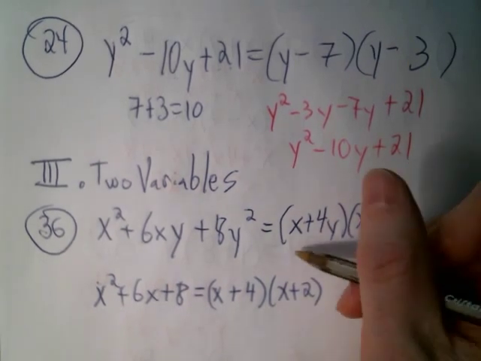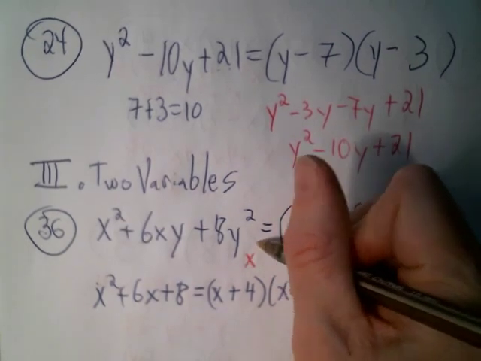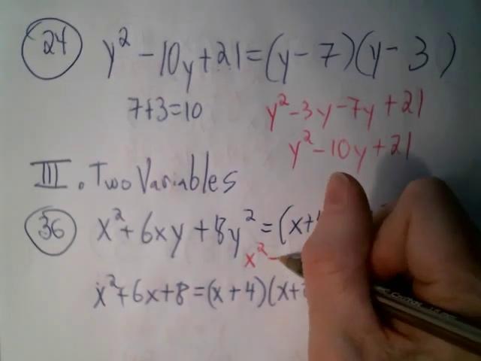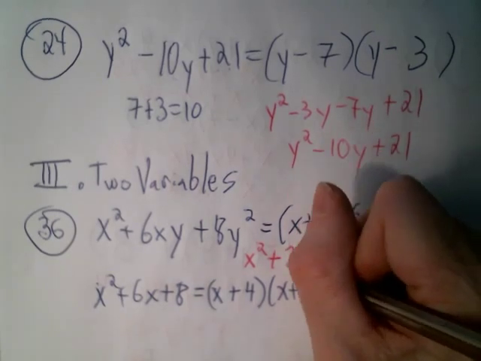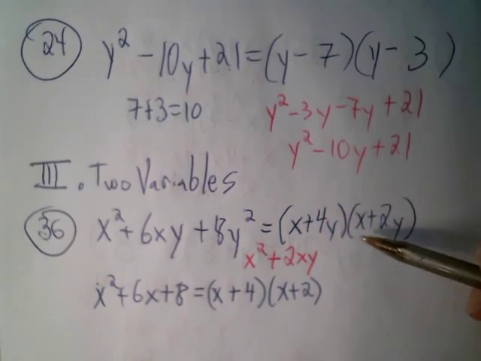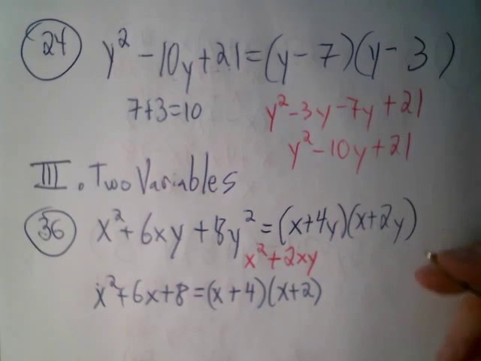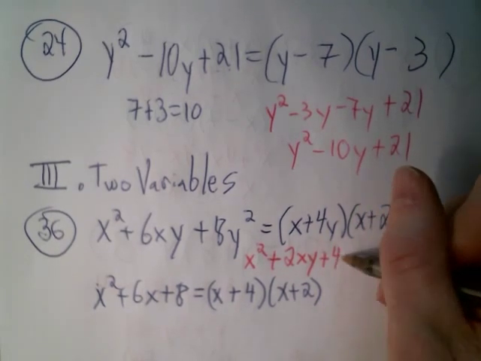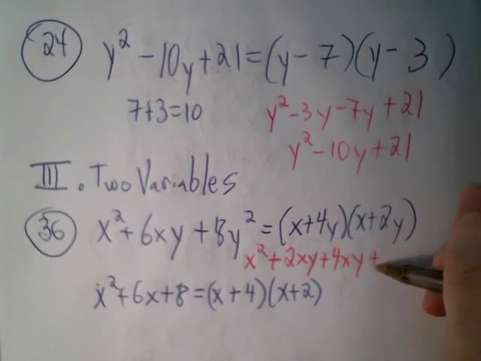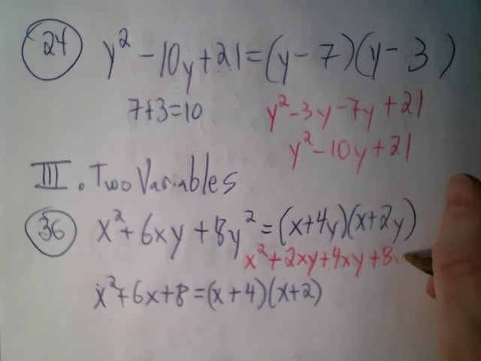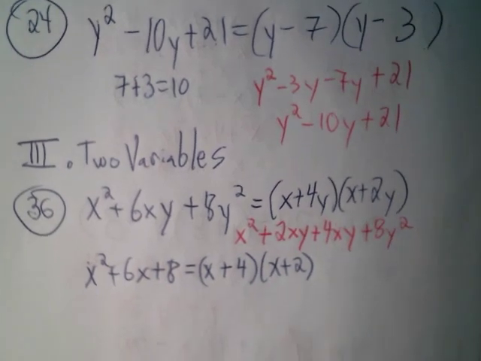So let's FOIL it and see what we get. I have x squared, x times x, plus the outer, x times 2y is 2xy, and then the inner, 4y times x is 4xy, and then the last, 4 times 2 is 8, and then times y is y squared.